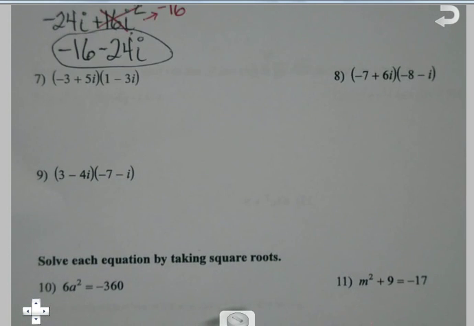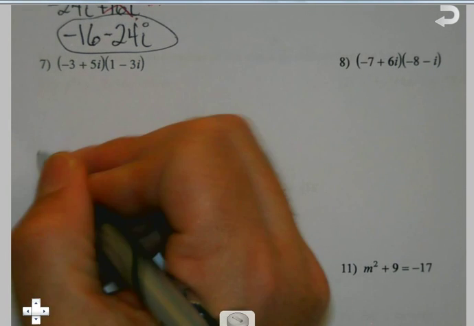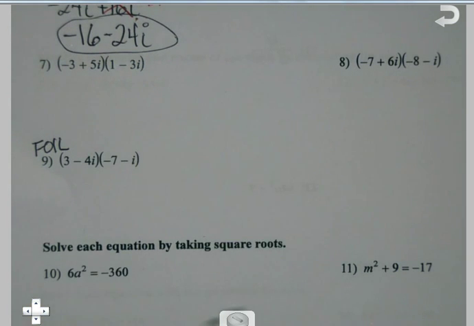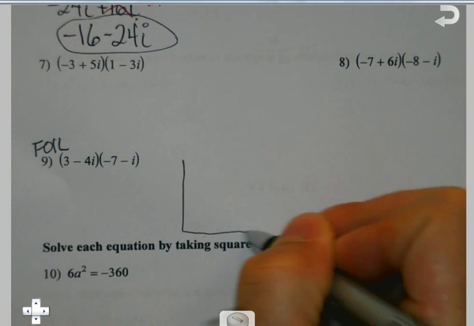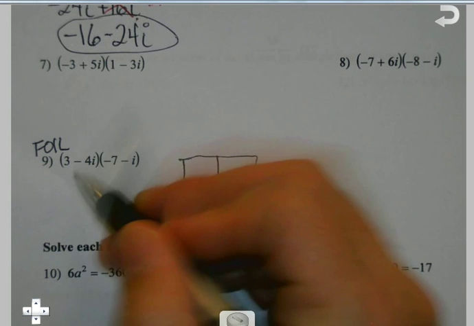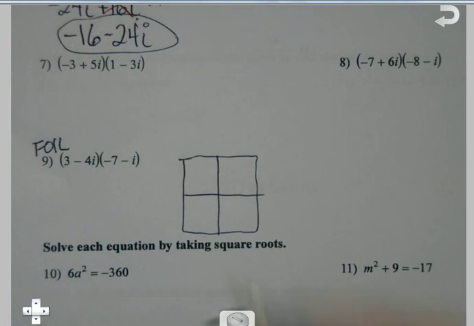One more. Number 9. Okay. Binomial times binomial. I can't just distribute this time. I need to FOIL this out. Now, we talked a little bit yesterday about trying to use organizational tools and things to make this go a little better. Some of you are very comfortable doing the little lines and foiling it out that way, and that's fine.